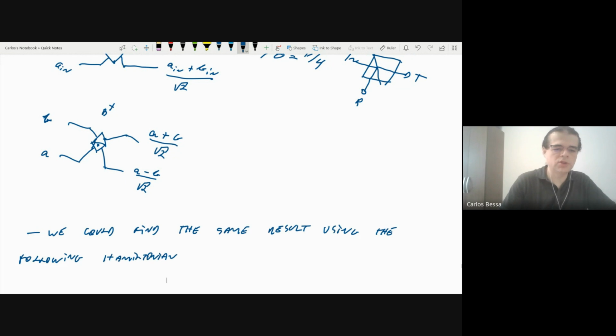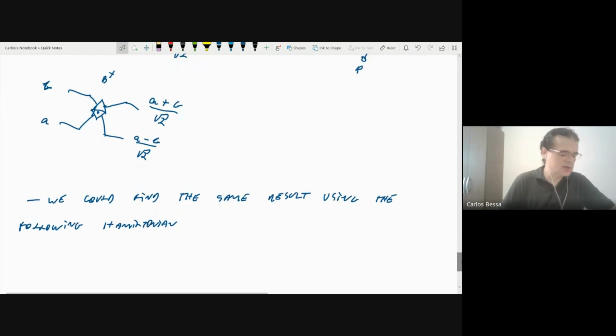For a beam splitter, and this is also your option. The problem here is that Nielsen-Chuang made some confusion, and I'll show you what we need to fix in the book. Okay.